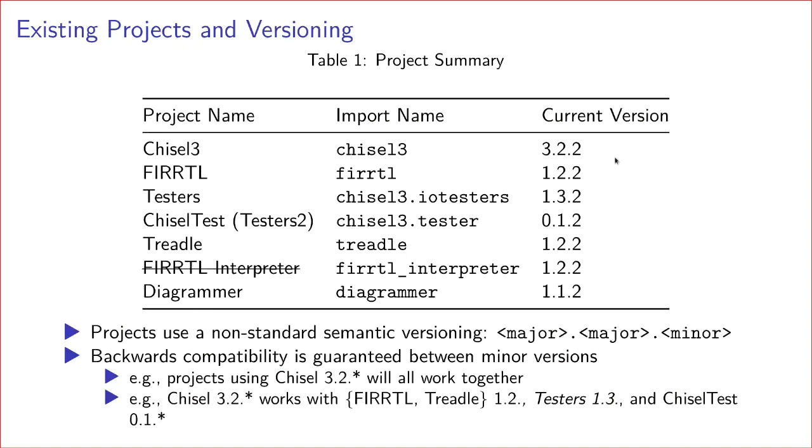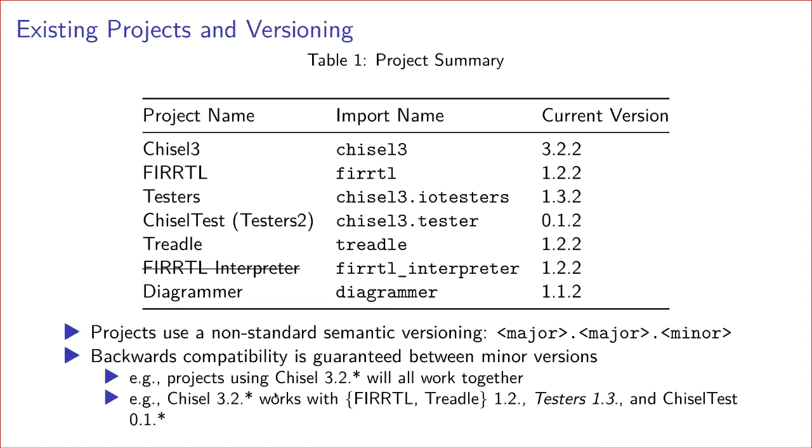But the key thing here is that in terms of versioning, we follow a non-standard semantic versioning scheme: the first number doesn't really matter that much, the second number is sort of the major number, and the last number is the minor number. What that means is that we guarantee binary compatibility across minor releases, and we have infrastructure set up to help maintain that we don't break that.